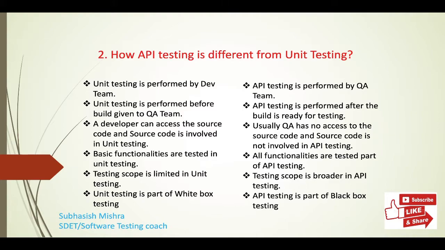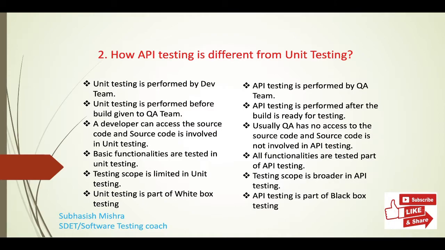A developer can access the source code, and source code is involved in unit testing. Usually QA has no access to the source code and source code is not involved in API testing. Basic functionalities are tested in unit testing, whereas all functionalities are tested as part of API testing.